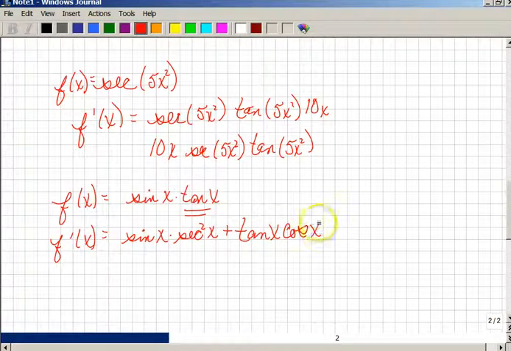And there's the answer. It's that simple. So as I said, once you have the list of derivatives in front of you as related to the trig functions, you just use the same rules that you already know as far as taking derivatives. And that's a brief summary or a brief introduction to how to take derivatives of the trig functions. Done.